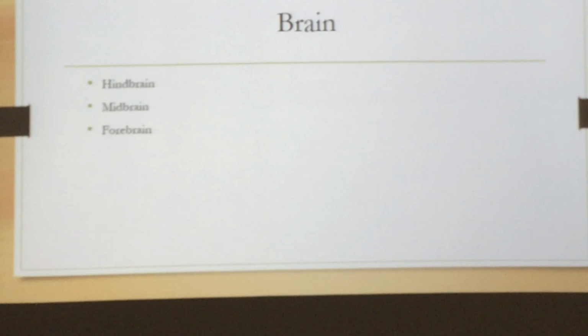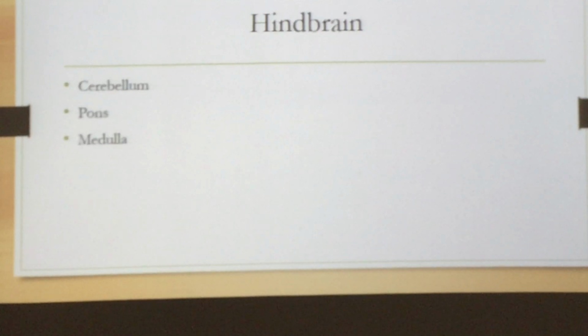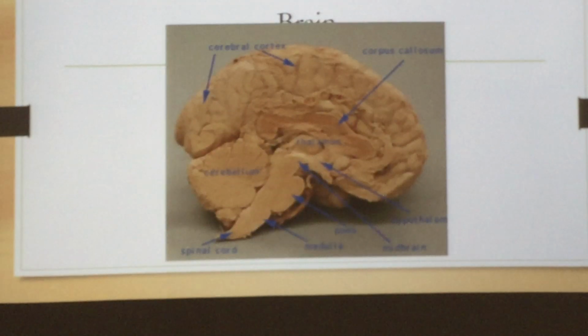Okay? Now, the hindbrain, we're going to talk about 3 distinct structures in that area. One's called the cerebellum, one is called the pons, and one is called the medulla.